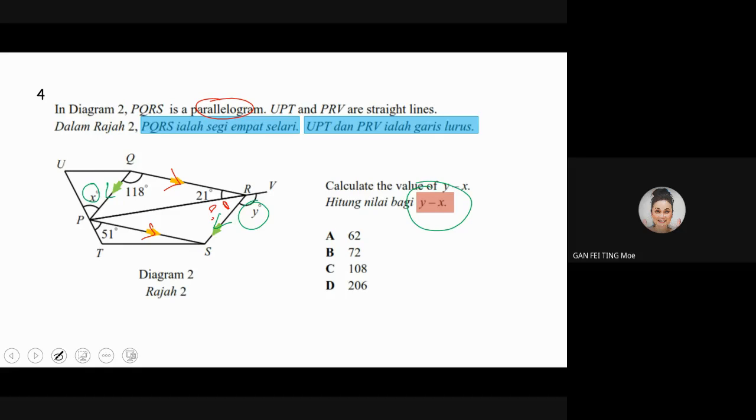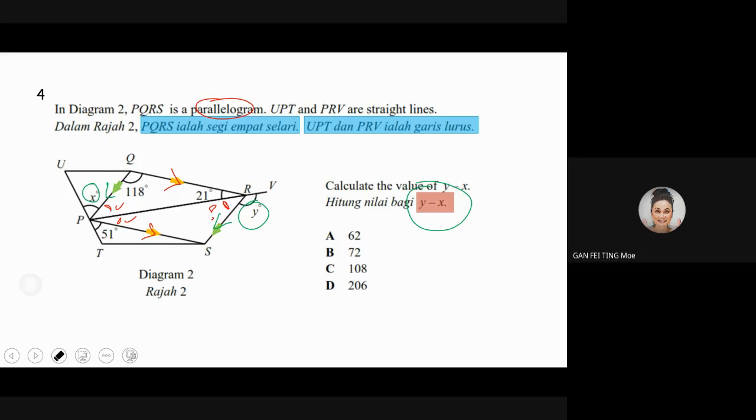For you to know the value of x, you need to know this and this, because x is the angle at one part of the straight line. You need to know the angle of QPR and the angle of RPS in order to get the value of x. Okay, fine.